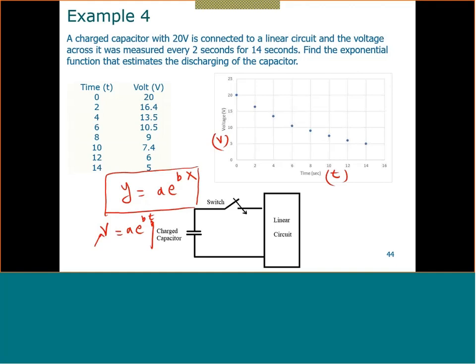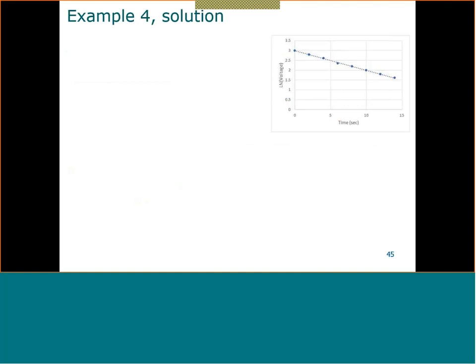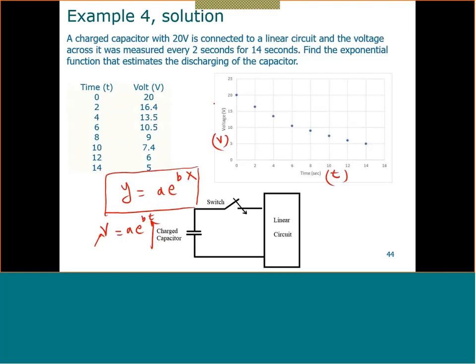Now I want to linearize my model. For this, I need to take the ln of both sides. So ln of v equals ln of a e to the power of b t, which becomes ln of a plus ln of e to the power of b t, which becomes ln of a plus b t.